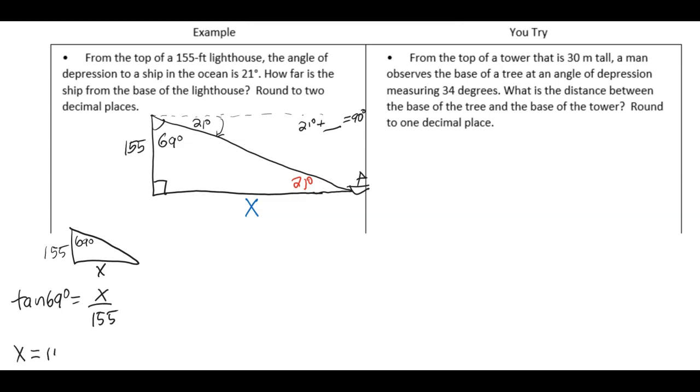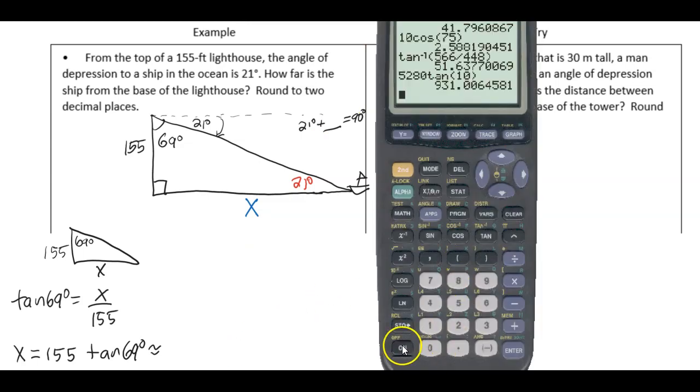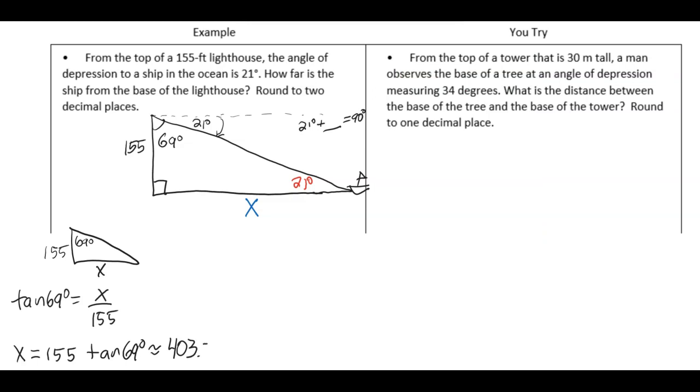Multiplying by 155, we get x equals 155 tangent 69 degrees, and we can approximate that with our calculator in degree mode. 403.79. So we want to round to two decimal places, 403.79. And the units here are feet.